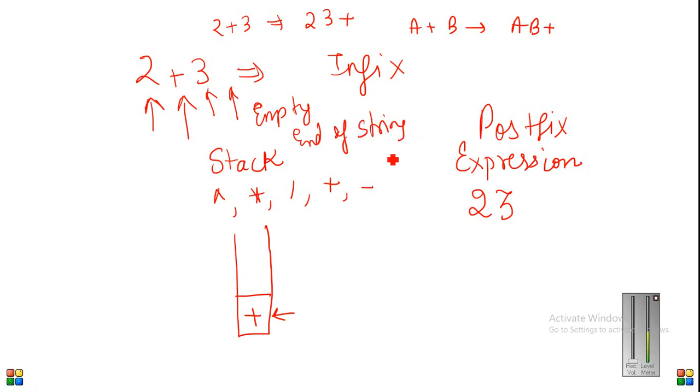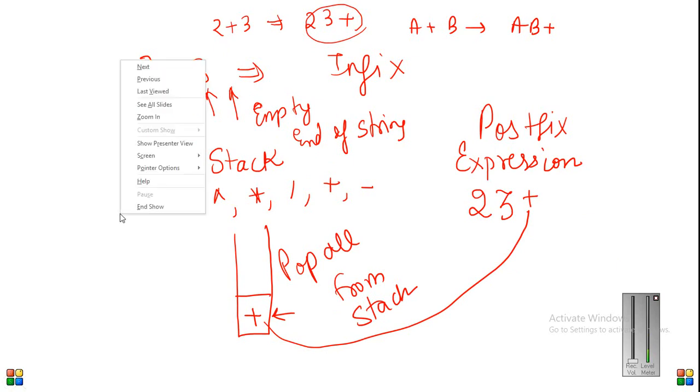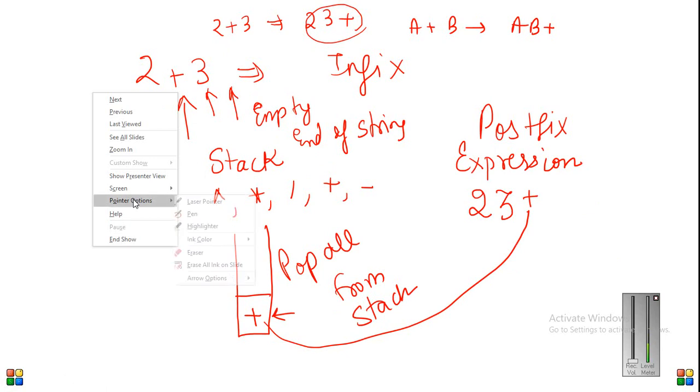So at the end of string, what do I do? Pop all from the stack, right? When you pop this, the expression will become 2 3 plus, which is the same as you thought, right? Once again, we will see another example of how it works. This was the simplest example that I could come up with.